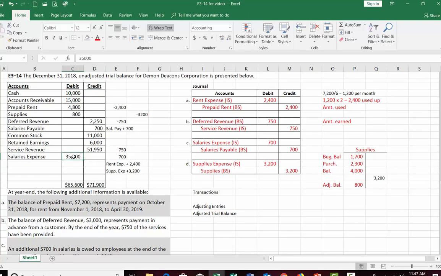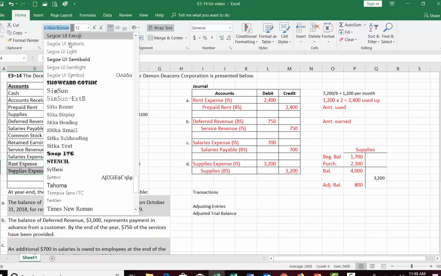Our salaries expense is going to be 35,000 plus 700, so 35,700. We're going to add in our rent expense of 2,400. We're going to add in our supplies expense of 3,200.